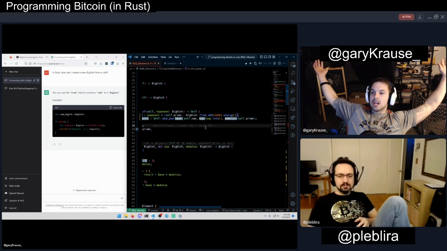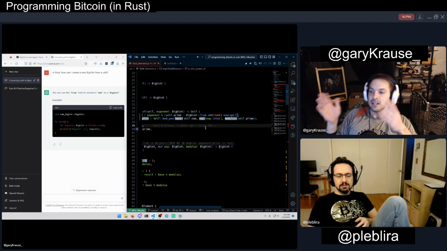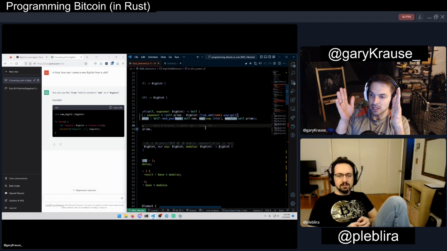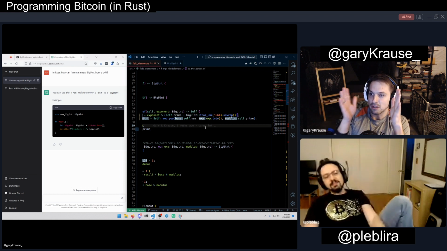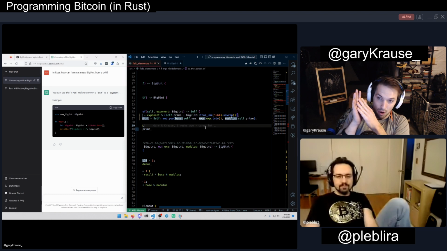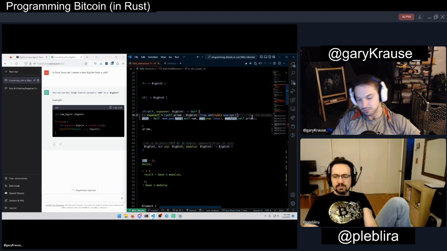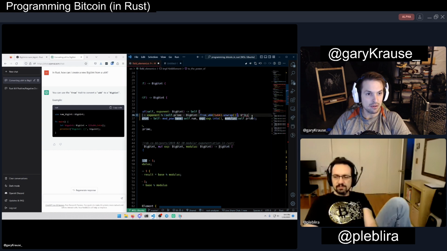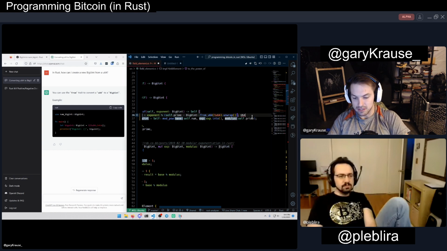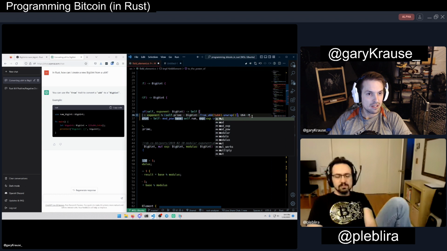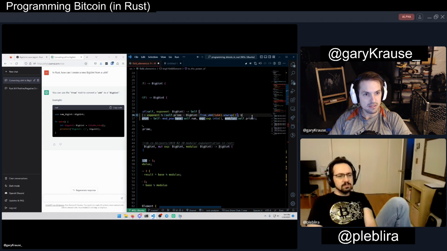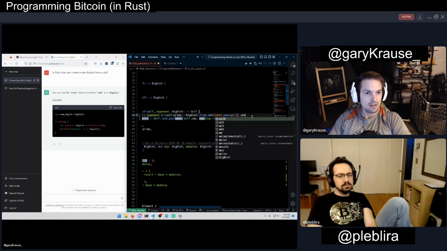A U64 is an unsigned integer that fits within 64 bits of memory space. So that's only so big, because if you put all the ones. I think there's even a U64 max, right?